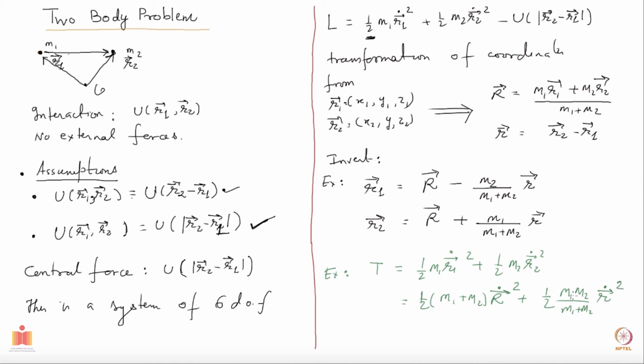Okay, let me check the dimensions. So I have 2 powers of mass here, 1 power of mass below, so it makes 1 power, which is consistent with this one, so it looks fine. Okay, good. Now let me define by capital M, m1 plus m2, the total mass, and I also introduce mu to be the following.